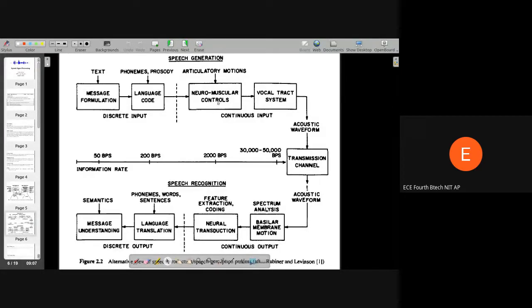Then neuromuscular commands are fired, and they command the muscles in our vocal tract system to move and produce those sounds. So these are now continuous inputs.